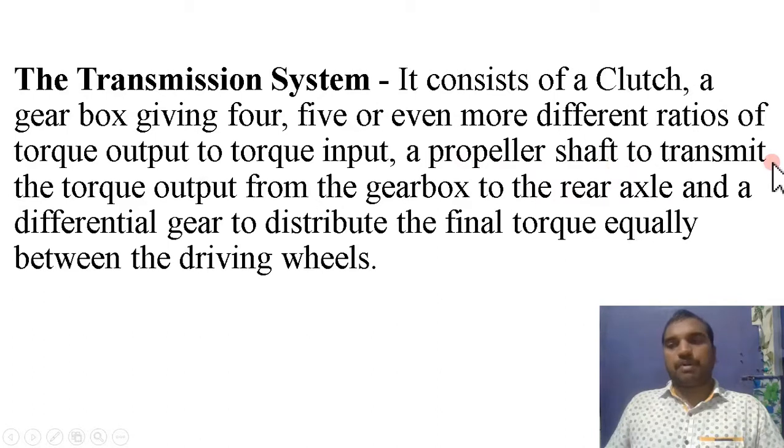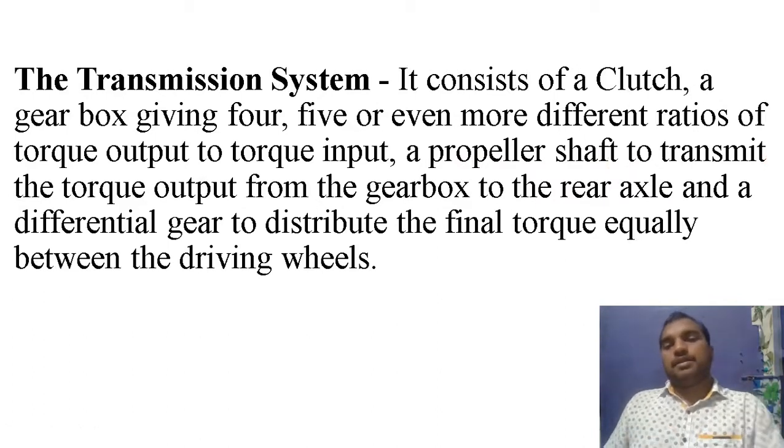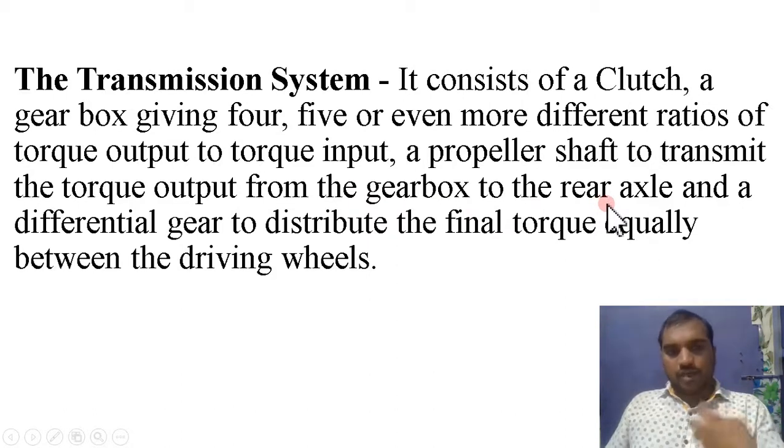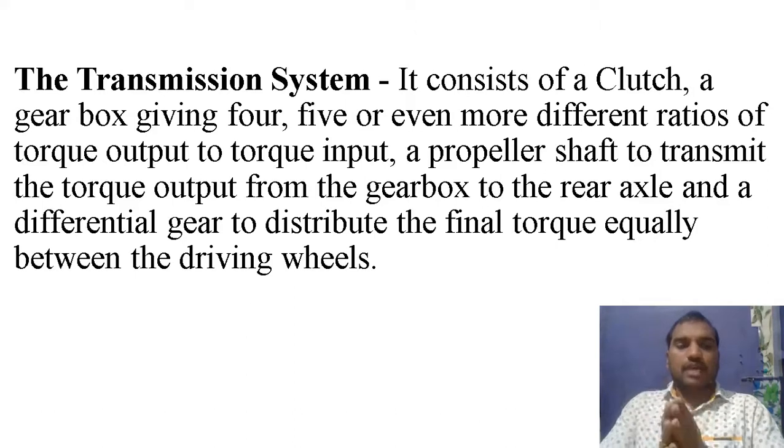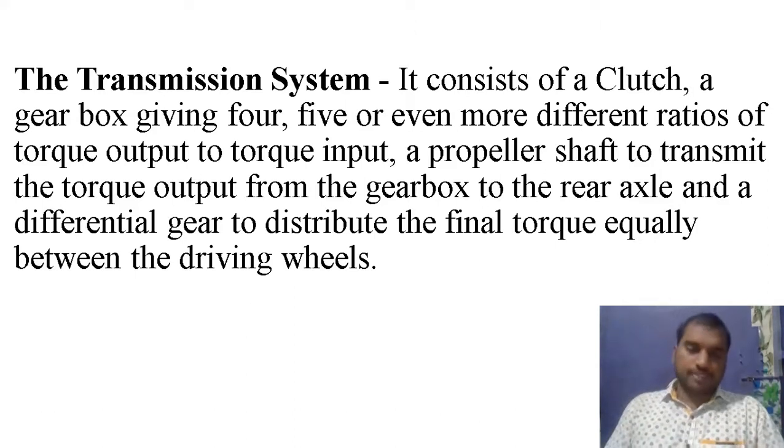To transmit the power from the gearbox to the differential with the help of a universal joint, right? From the gearbox to the rear axle, in between, one differential is there. The differential gets the torque, finally sets the final torque, and sends equal torque to the driving wheels, right?